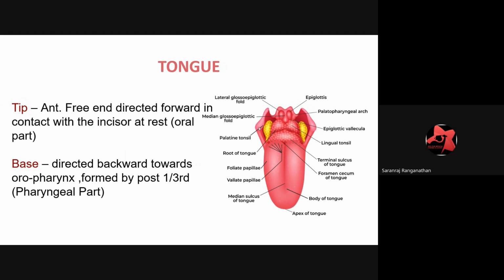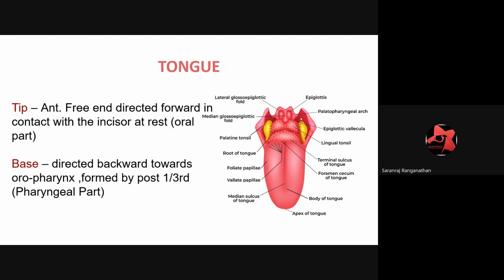If the tonsil gets inflammation, it will get tonsillitis. Okay. Then the medial glosso-epiglottic fold, which is on the upper side of the uvula. Then this is the lateral glosso-epiglottic fold. Then this is the epiglottis.